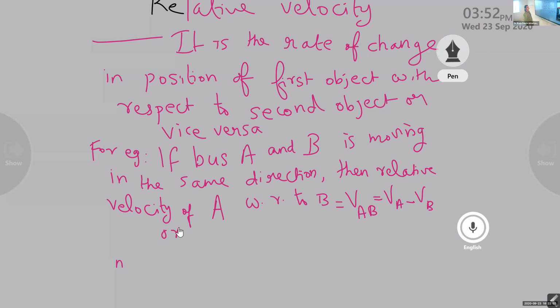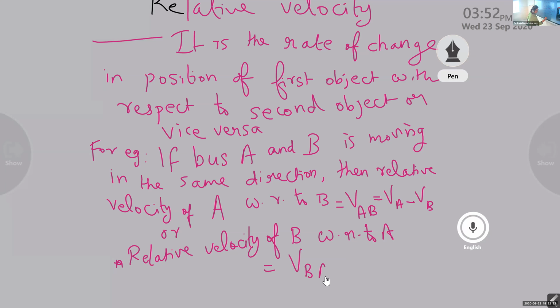Or the relative velocity of B with respect to A is equal to VBA, that's equal to VB minus VA.